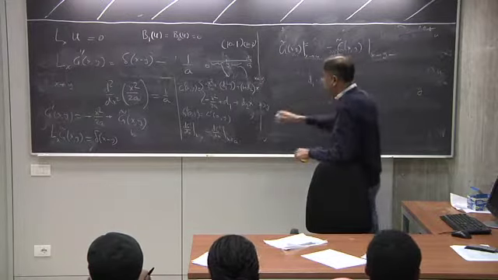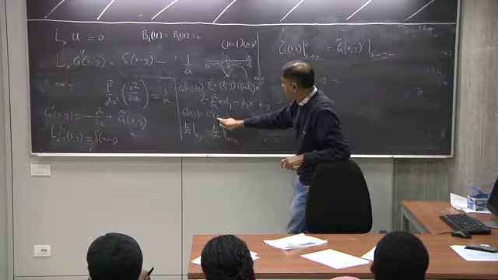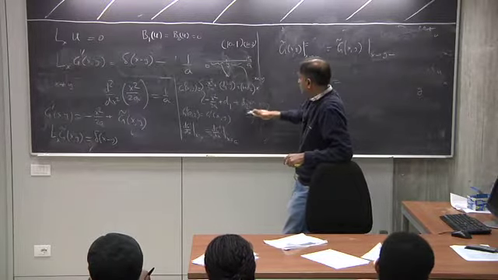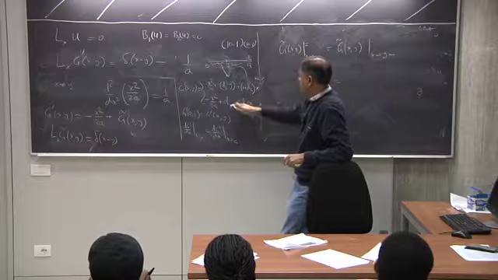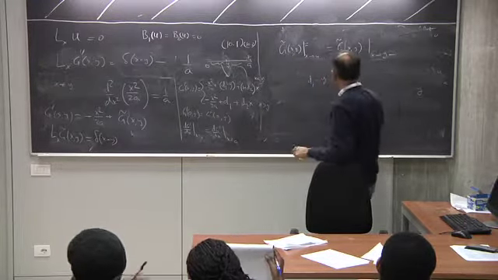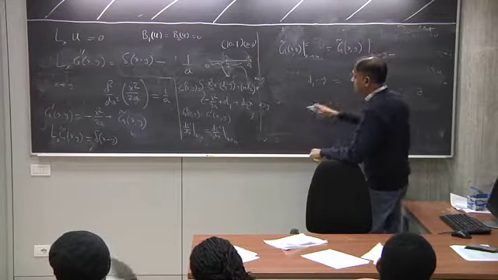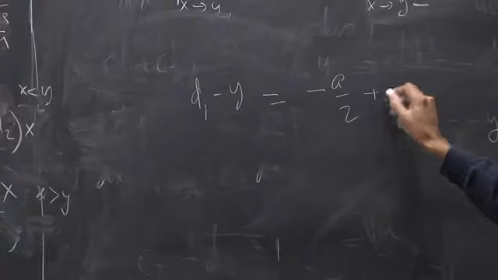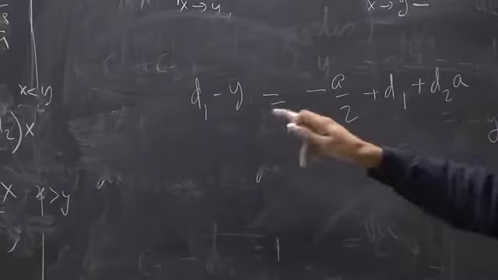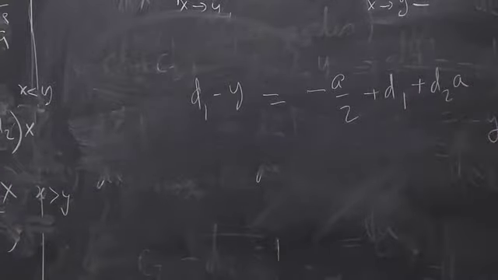That should be equal to G prime at x equal to a, y, but x equal to a is in this other region. So I look at this solution and put x equal to a there. This gives you a squared over 2a, so minus a by 2, then plus d1 plus d2a. So this is one condition.